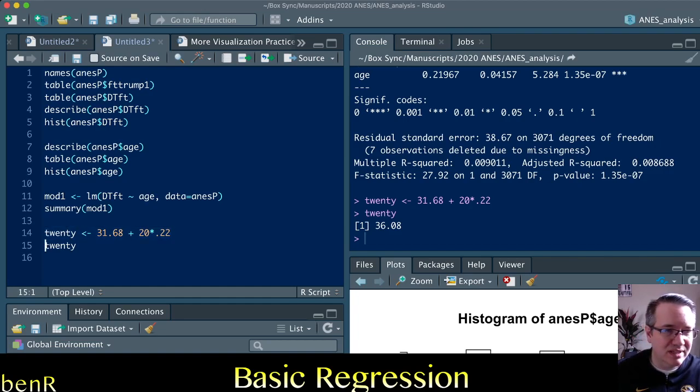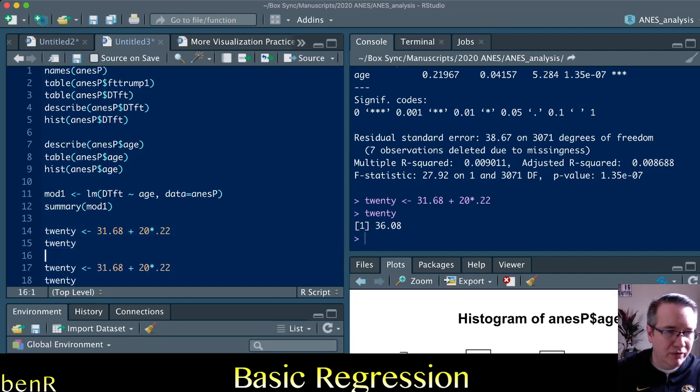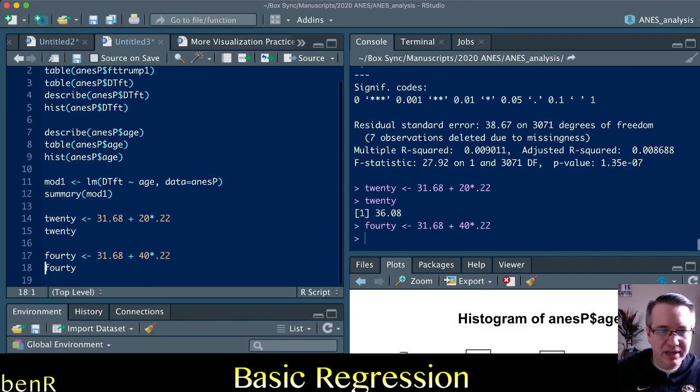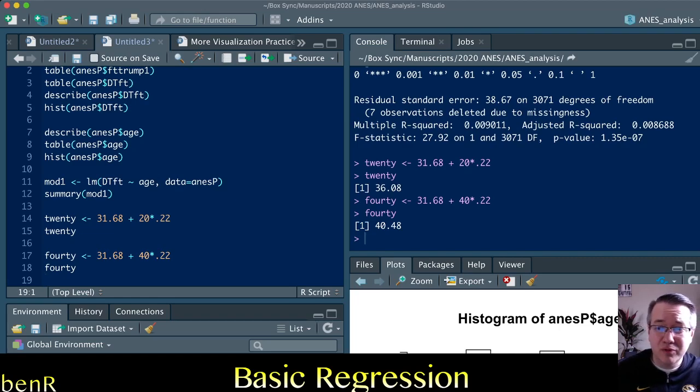Now we can do this same thing. Let's do the same thing for a 40-year-old. We would just replace this 20 with a 40 and run it. This tells us that a 40-year-old would be estimated to score Donald Trump a 40.48.